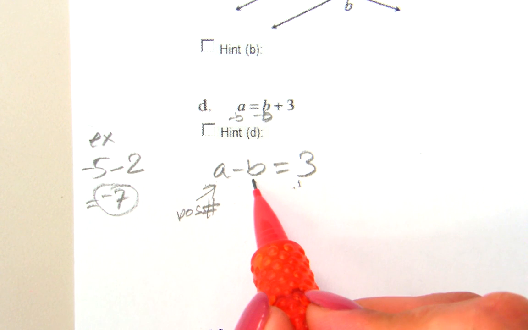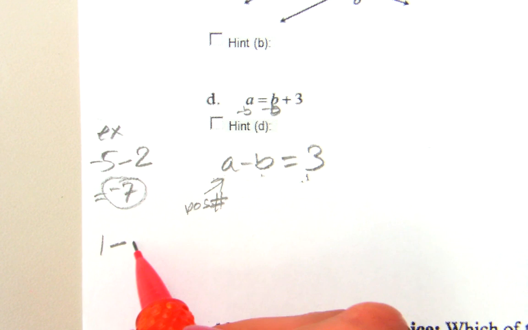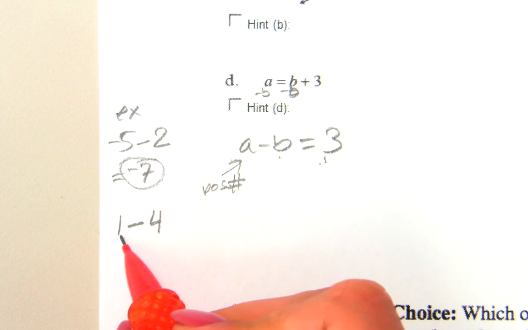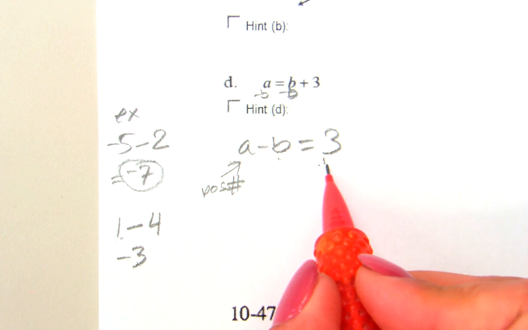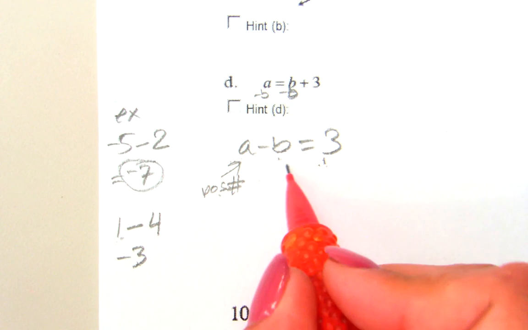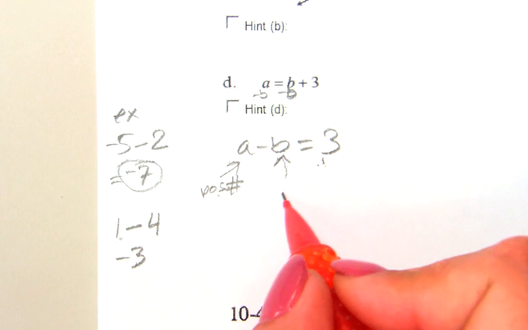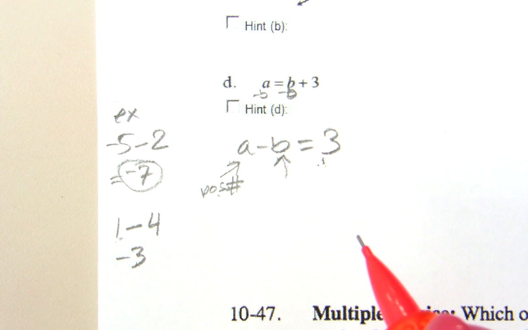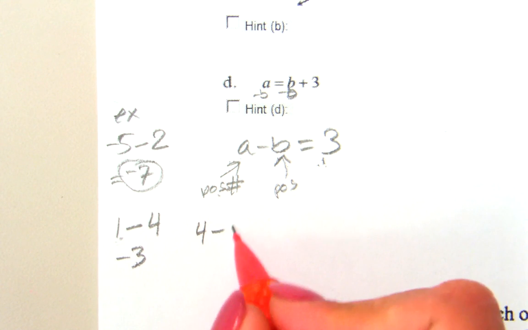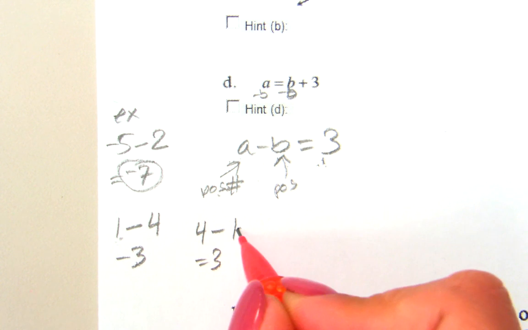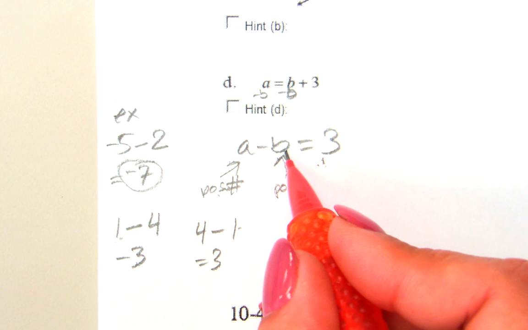number, and it has to be more than B, because if it wasn't, let's say you had 1 minus 4. Well, 1 minus 4 is a negative 3. That's going to end up being a negative, and we really want a positive. So a positive number, and B is still a positive number, right? So let's say 4 minus 1. Okay, well, that'll give me 3. But what if B is negative?